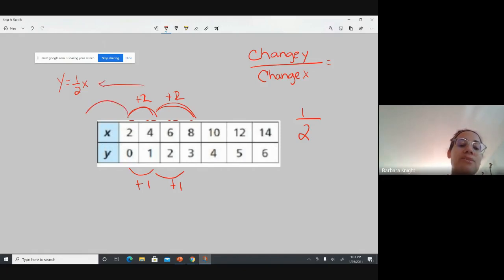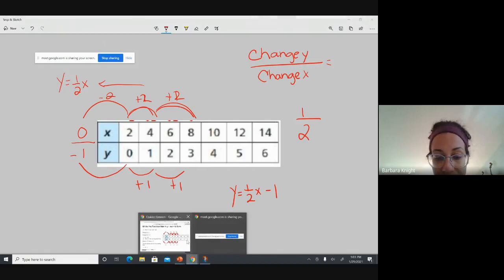So you go this way and subtract 2 to get to 0, and then from here you just need to subtract 1. So that's why you would get 0 over negative 1. So it would be y equals 1/2 x minus 1. Okay?